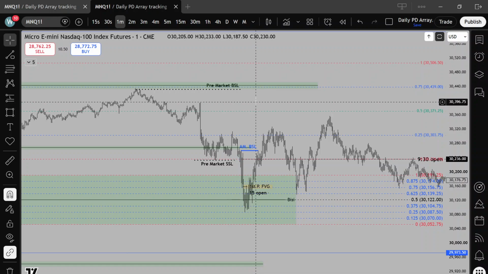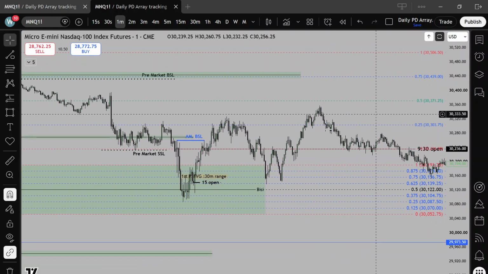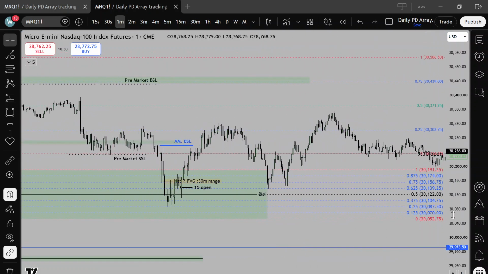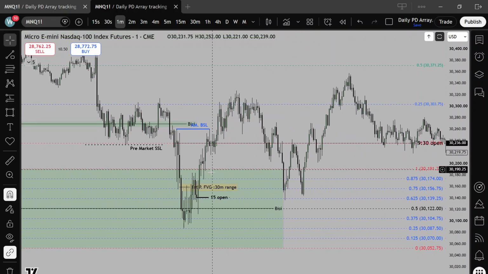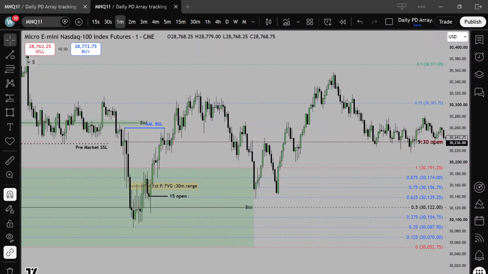And then from there, our draw could be the pre-market buy side. So as the market trades up, we take out the AM buy side and then continue on. And our 10 o'clock is right here.